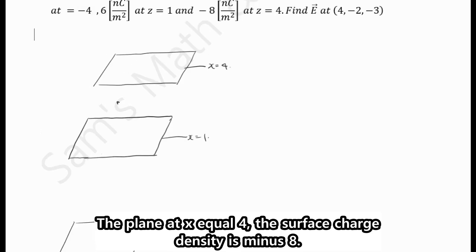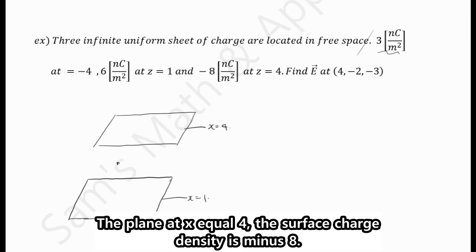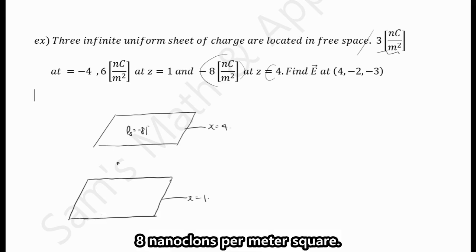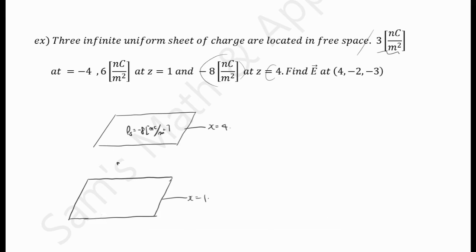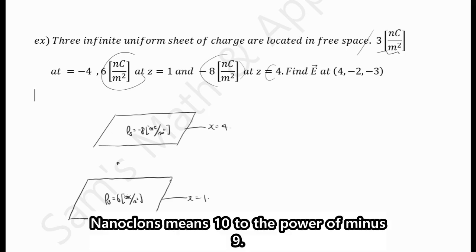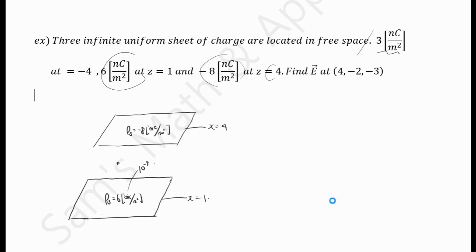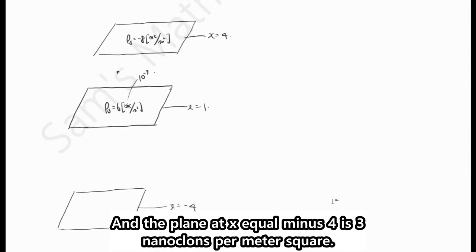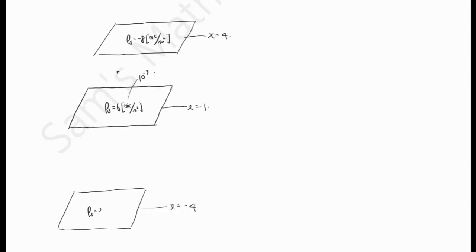The plane located at x equal 4, the surface charge density is minus 8 nanocoulomb per meter square, and the plane x equal 1 is 6 nanocoulomb per meter square. Nano means 10 to the power minus 9, and the plane at x equal minus 4 is 3 nanocoulomb per meter square.